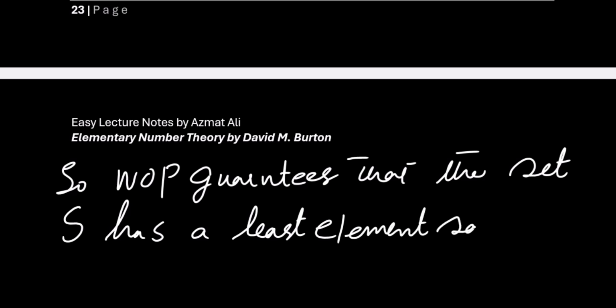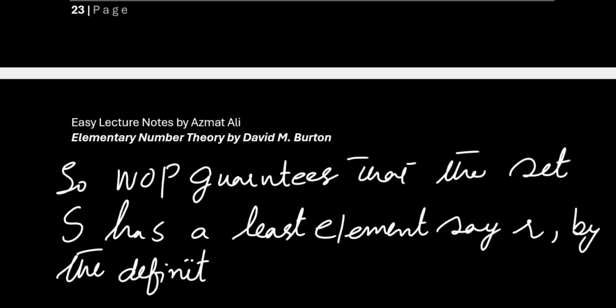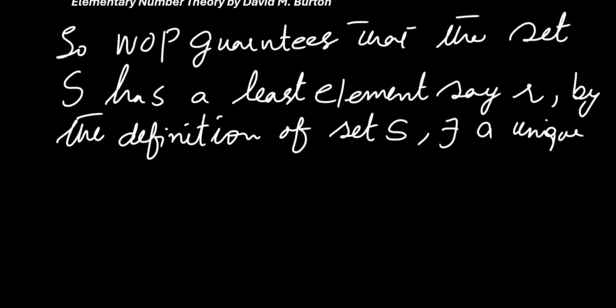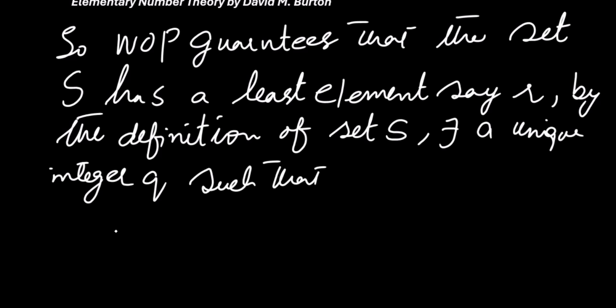Say this is R. So by the definition of set S, there exists a unique integer Q such that we can write R is equal to A minus BQ.